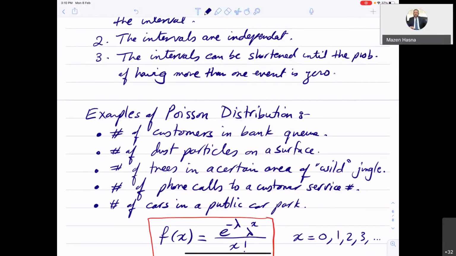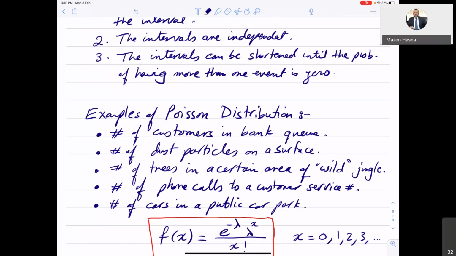And as we will see, Poisson distribution is related also to the exponential distribution that we'll talk about in continuous time, because Poisson talks about customer arrivals, how many customers I would expect to be in the bank, but the time between them is also random, right? I do not have exactly one customer arriving at the bank each minute.